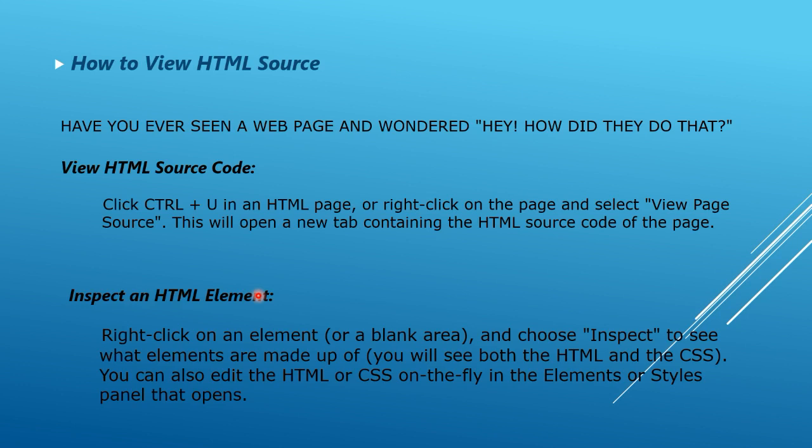To inspect that, right click on the element that you want to add to your website and choose inspect to see what elements are made up of HTML and CSS. You can also edit the HTML or CSS on the fly in the elements or styles panel that opens. Okay.